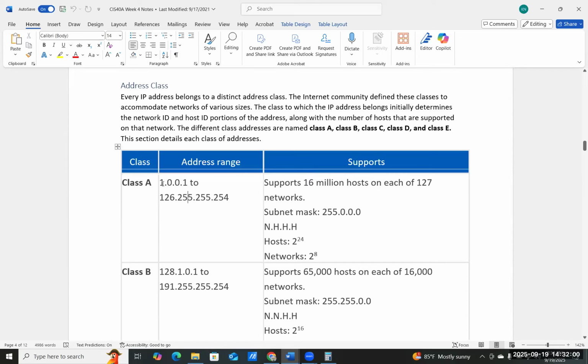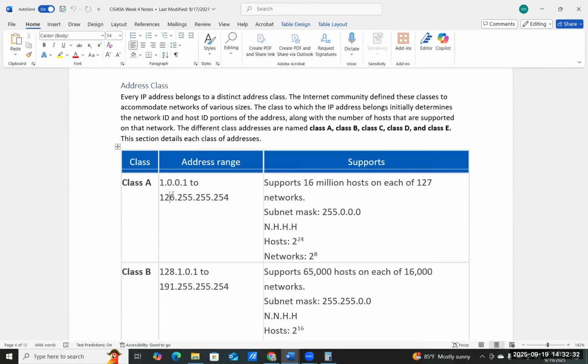This octet, as long as it starts in this range, then you know it's class A. So if I have a 10 dot XXX, the first value in the octet, that's the first piece right here before the dot, if it's in the range of 1 to 126, you know it's a default class A.